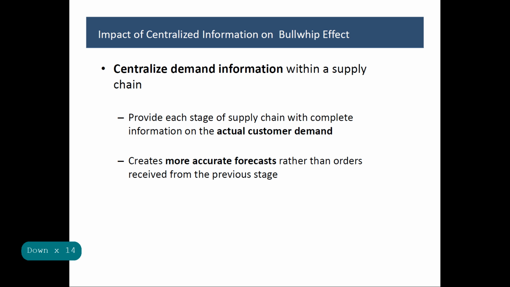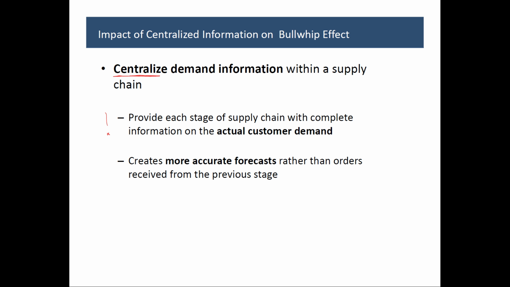So how can we avoid this whole game of distortions of the real demand taking place? One idea would be to centralize the information of the real demand. By centralized, we mean that we would make the demand of the end customer available to each of the players within the supply chain, which is stated here.